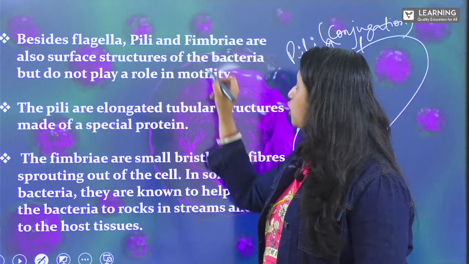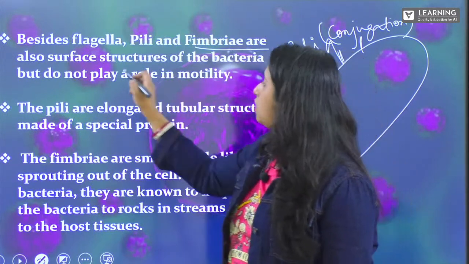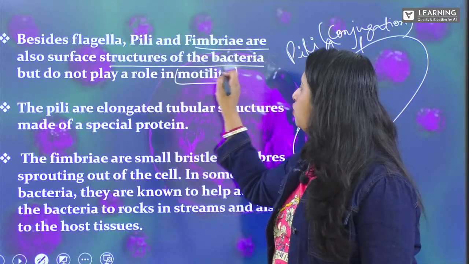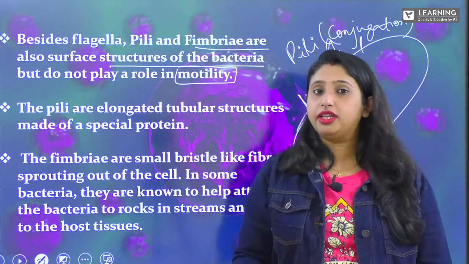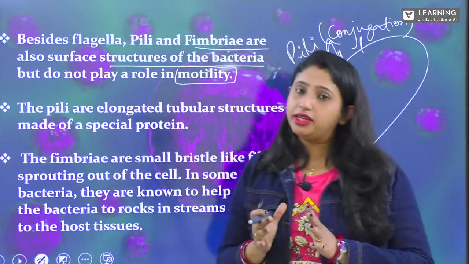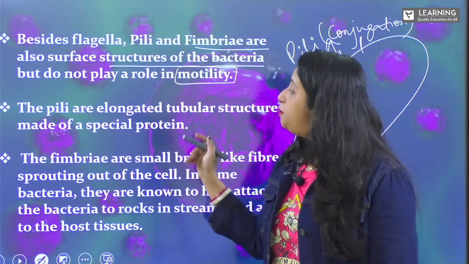And they also have fimbriae, which are surface structures to the bacteria, and they do not play a role in motility. It is only giving the proper structure to the bacteria, but it does not help in movement.